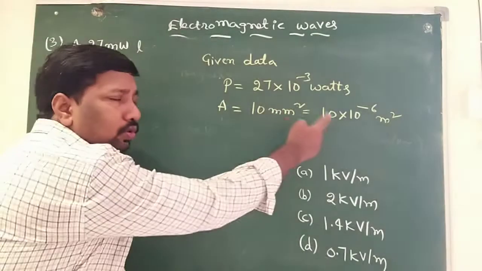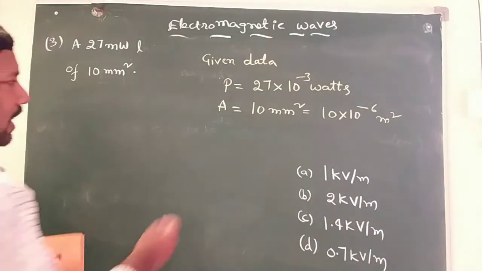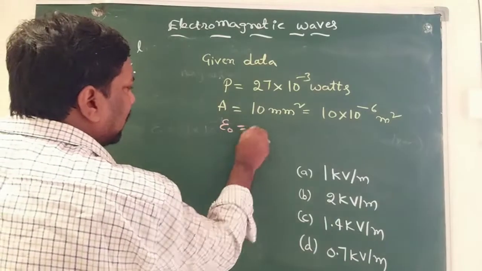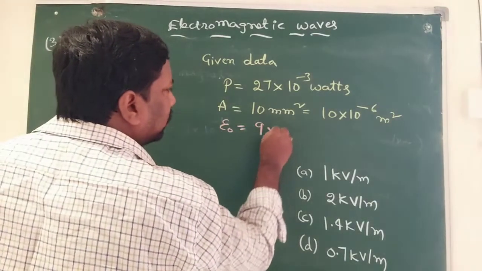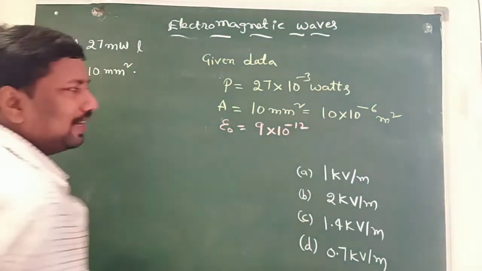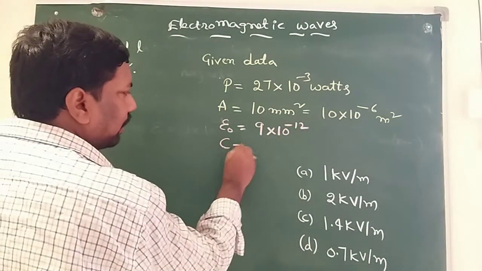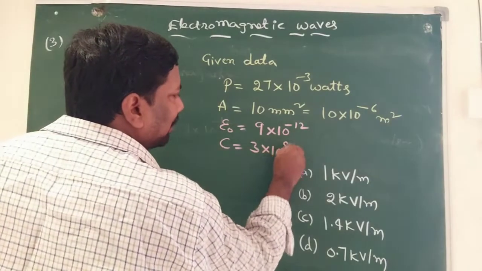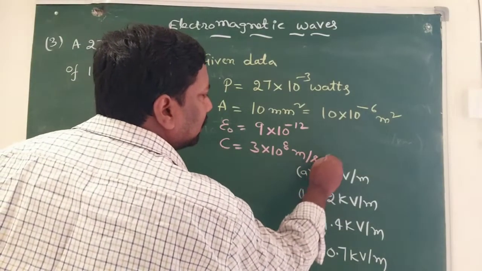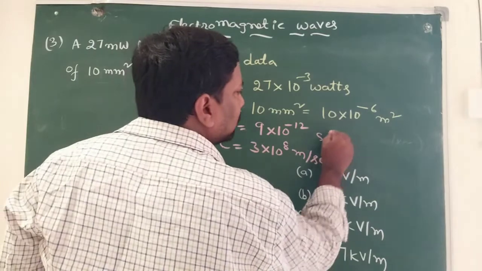So 10 millimeter square is 10 into 10 power minus 6 meter square. It is converted to SI unit. Epsilon naught is 9 into 10 power minus 12 in SI units, and velocity of light is 3 into 10 power 8 meter per second. So these are SI units.